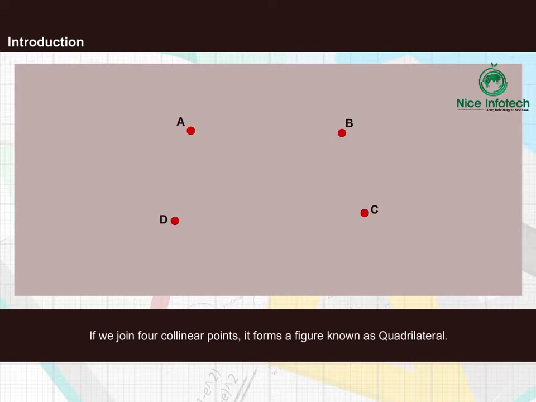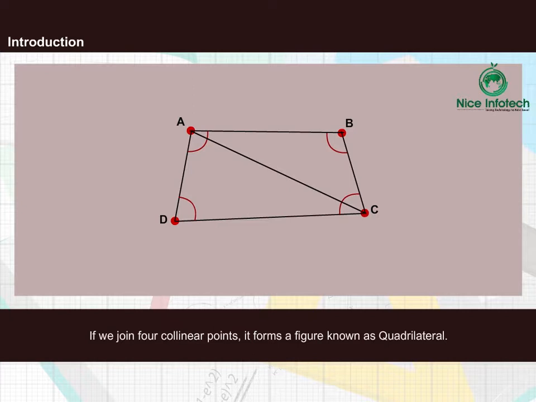A quadrilateral is a closed figure which has four vertices A, B, C, D, four lines AB, BC, CD, DA, four angles A, B, C, D, two diagonals AC and BD.